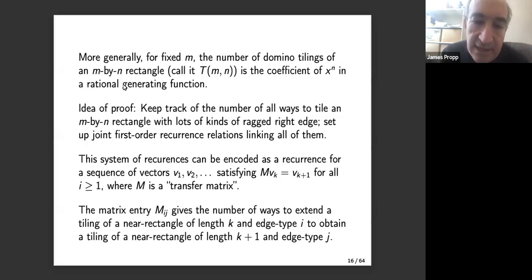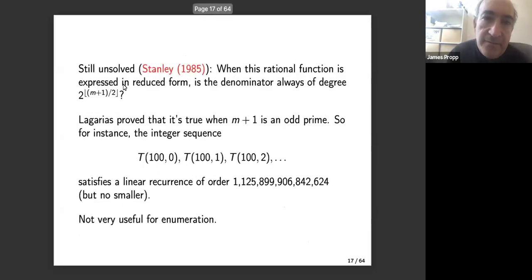And the matrix entries M sub ij, where i and j are counting the different possible ragged patterns for the right edge, give the number of ways to extend a tiling of a near rectangle of length k and edge type i to obtain a tiling of a near rectangle of length k plus 1 and edge type j. The problem is the number of edge types grows exponentially. So this may not be a practical method of doing things.